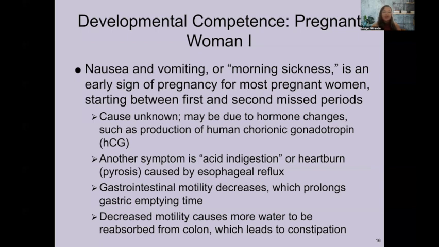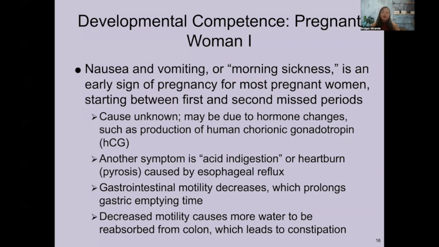And we also have a situation where pregnant women will increase their risk for constipation due to decreased GI motility, again, due to displacement. And it just takes longer for gastric emptying to occur. And this can happen during pregnancy and shortly after that postpartum period.